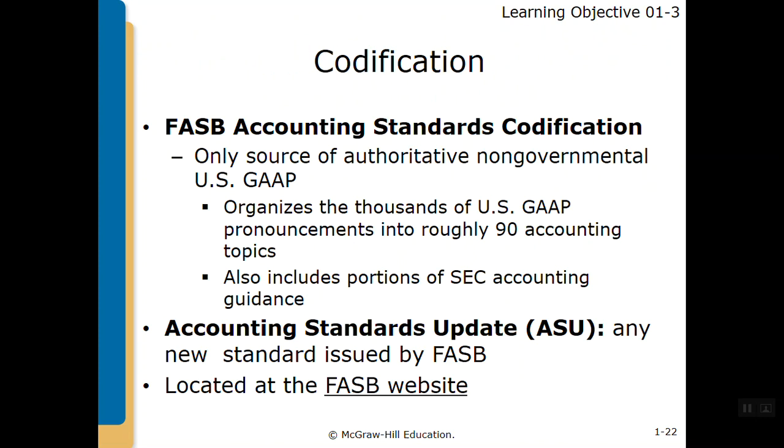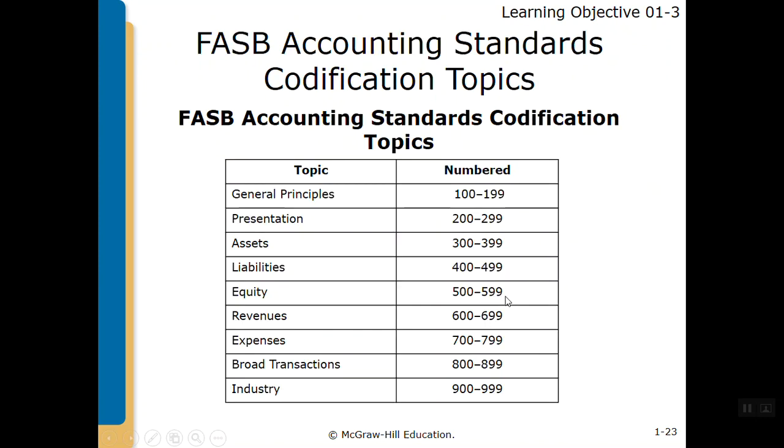Accounting standards updates are new standards issued by FASB, and anytime you want to see what's coming down the pike or new standards that are in play, you can go to the FASB website and look at those. And this is just the way that they number those standards. So if you're looking in the books, which are quite large, for a FASB accounting standard, you can kind of find your way by looking at this numbering system.